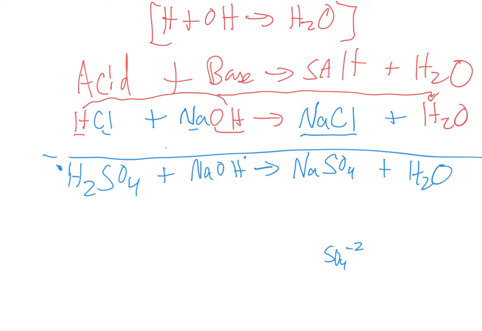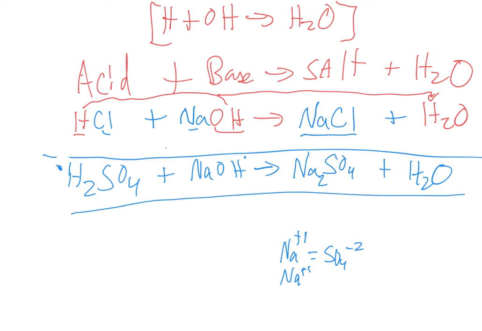All right, and we know that sodium is Na and it's +1. So when we write our salt equation, we need to balance it just like we did in the previous unit. And so there's a +1 here, -2 here, so that means we need 2 sodium ions at +1 to equal 1 sulfate ion. So we need to write the correct formula. So it's Na2SO4. All right, so that's an example of that.